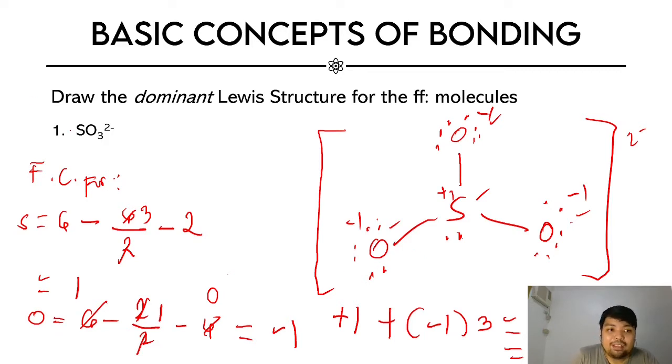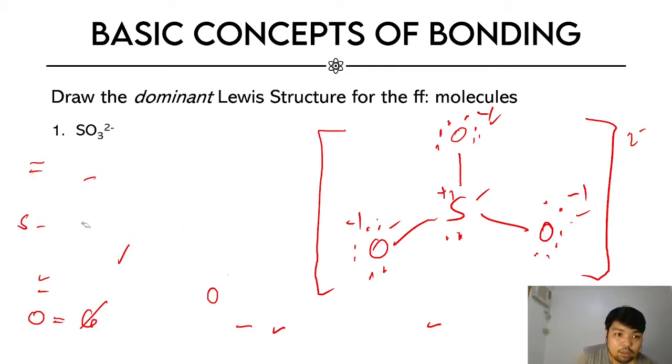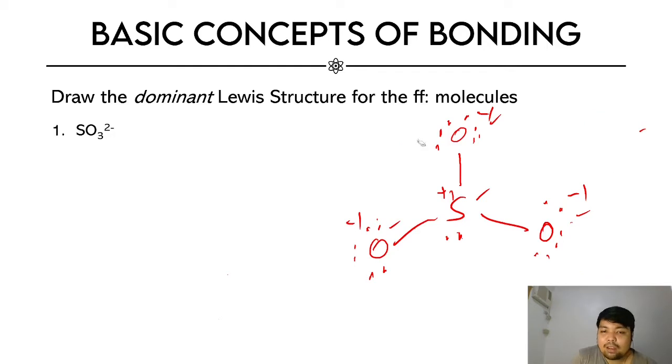However, it says draw the dominant Lewis structure. That means this is not the only possible Lewis structure for the sulfite ion, or your SO3 2-. So ano pa yung pwede? Let's try to achieve a Lewis structure wherein hindi lahat ng atoms dito ay may formal charge, okay?